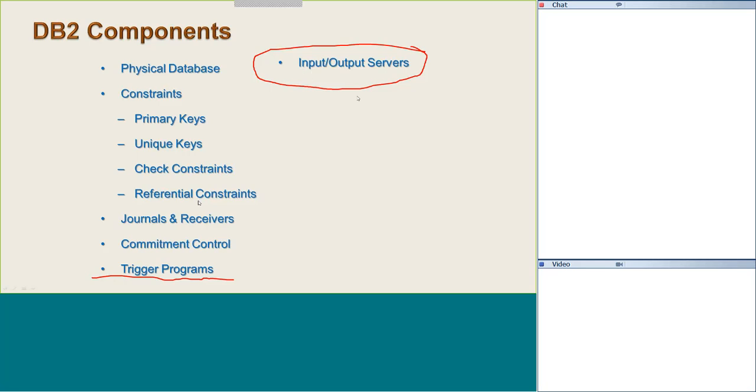In fact, every time I create a database file, I define its constraints, set up its journaling and commitment control, define and code trigger programs for it, and I code and compile an input-output server for it. It's just a normal, ordinary part of the way we do things.